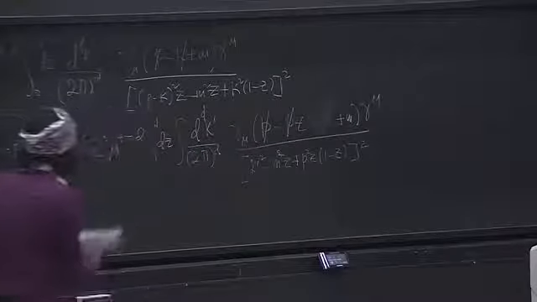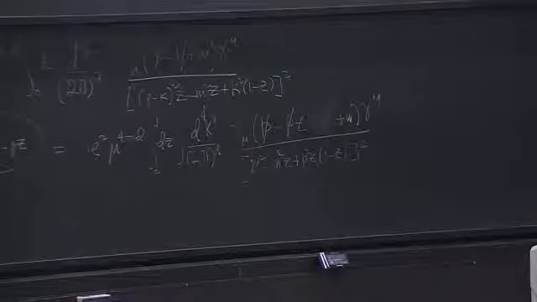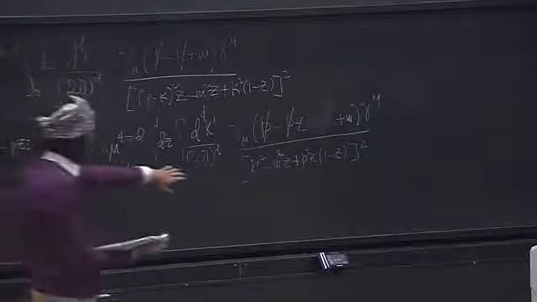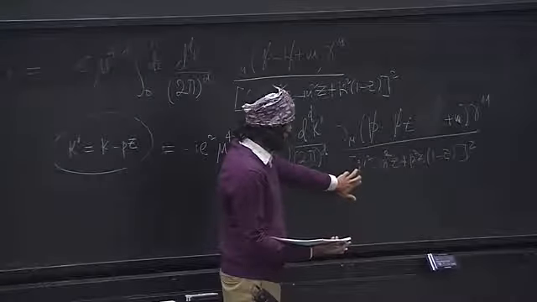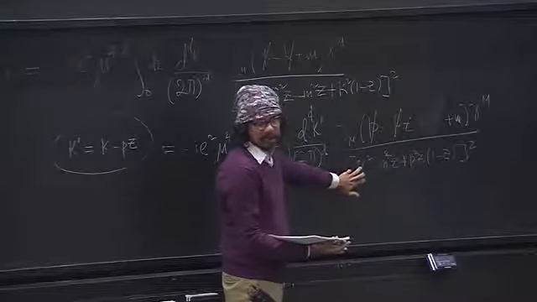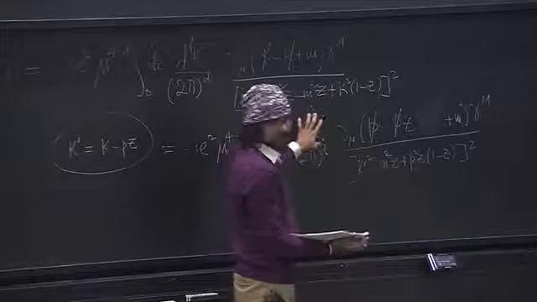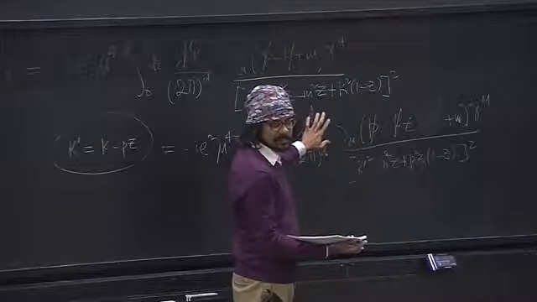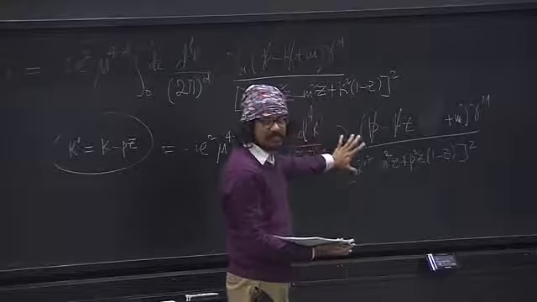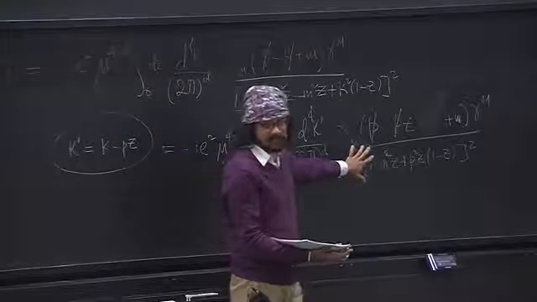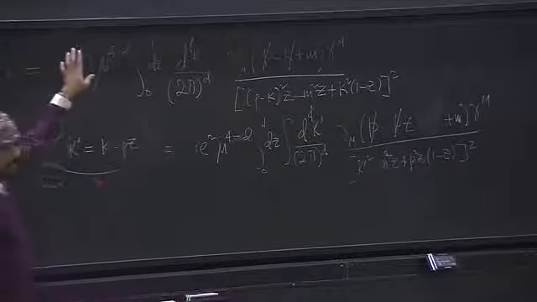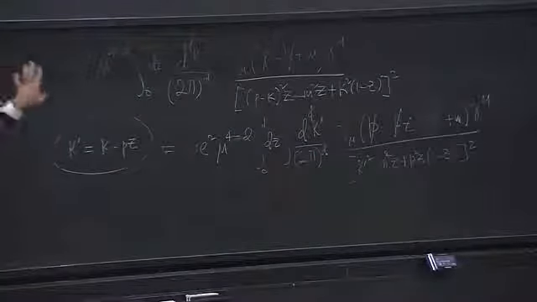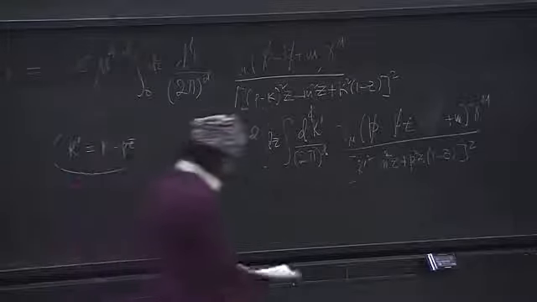Now, if you stare at this expression, you see that your denominator for large values of k is just k prime to the power 4, and in 4 dimensions this will be d4k. So this is a logarithmically divergent integral, right? Not the linearly divergent integral that the superficial degree of divergence told us about.